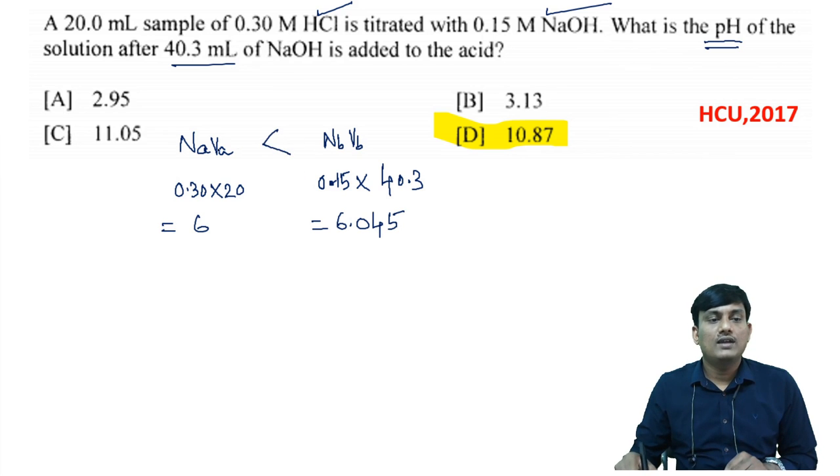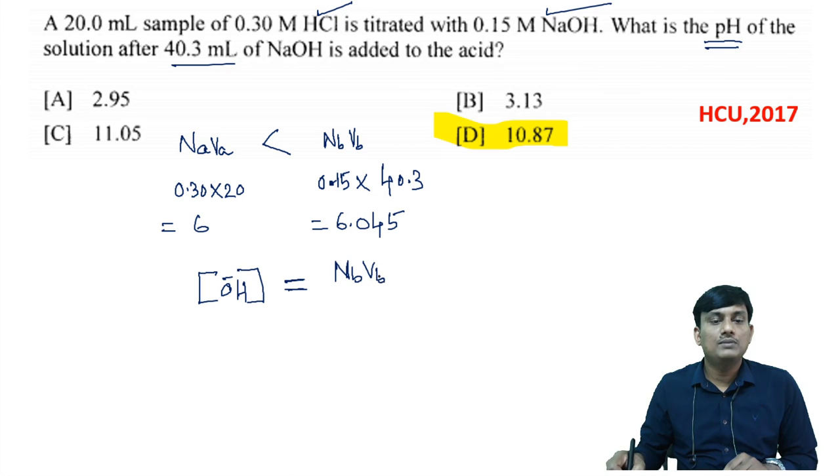Here NbVb is greater than NaVa. When NbVb is greater than NaVa, the resultant solution will be basic. So you have to find out the concentration of OH minus. Here the concentration of OH minus is equal to NbVb minus NaVa by Va plus Vb.